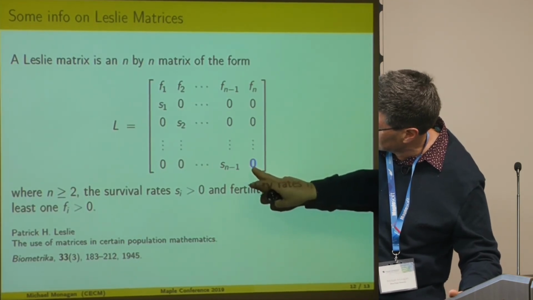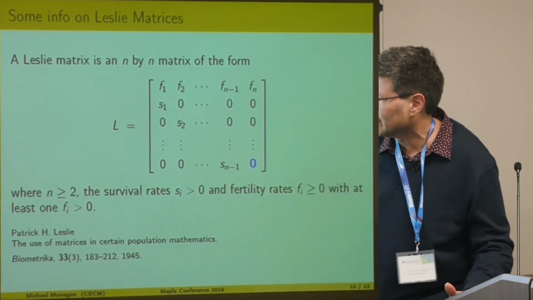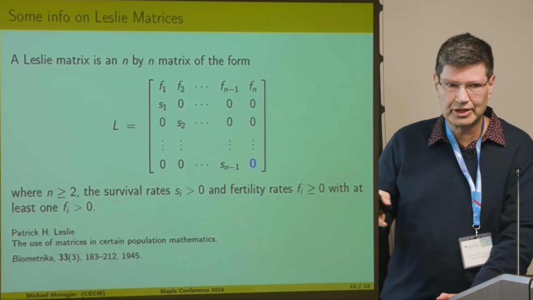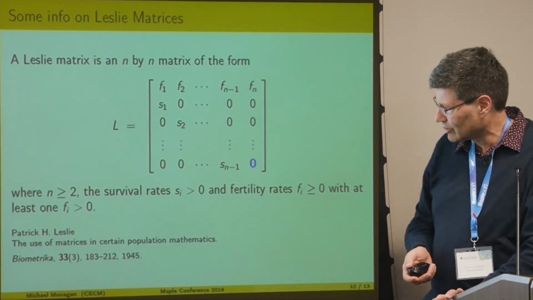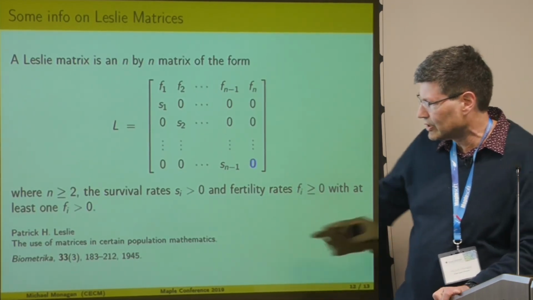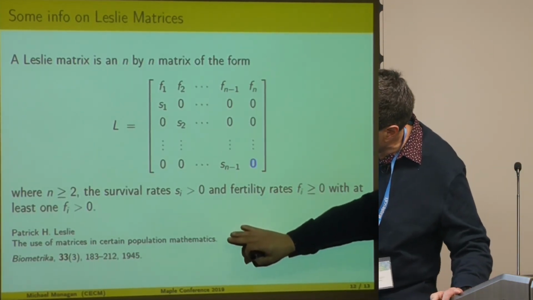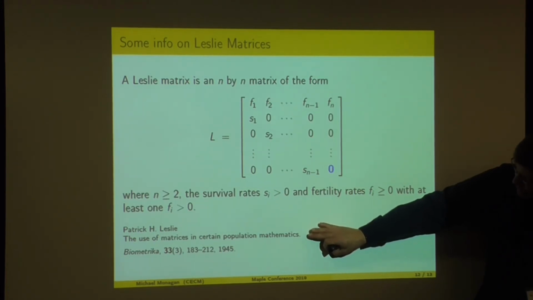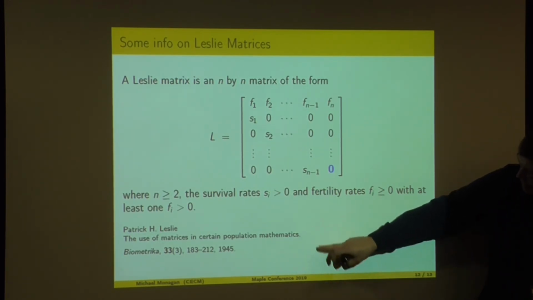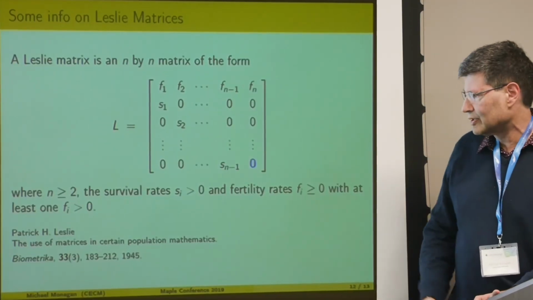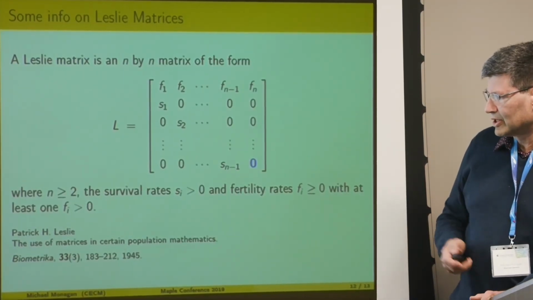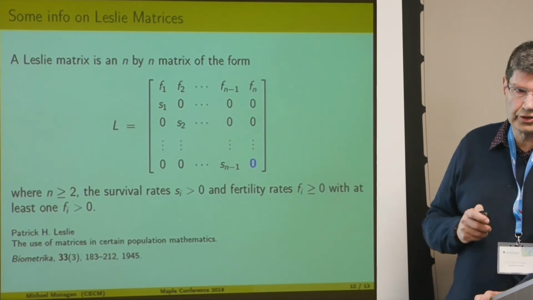So in the model, you'll see that there's a 0 there. And the 2 examples I just presented don't follow that. So this is a partial answer to your question. For anyone who's interested, the person who started working on this is Patrick Leslie, hence the name Leslie matrices, and that's from 1945. The original paper is in Biometrika, and I don't know much more than that other than what's on Wikipedia.